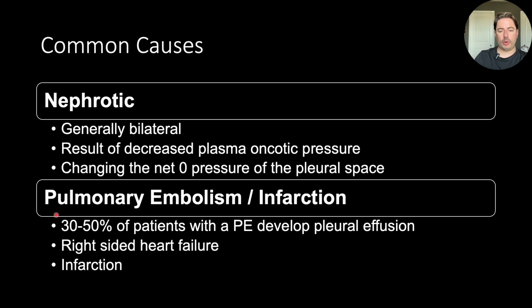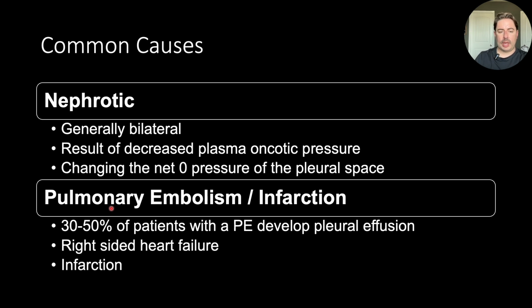We talked about it before, the pulmonary embolism or an infarction. The infarction is actually necrotic tissue as a result of the stopping of blood flow. So the difference between the pulmonary embolism and pulmonary infarction: the embolism is the thrombus itself that has broken loose. The infarction is the tissue that becomes necrotic as a result of no blood flow.